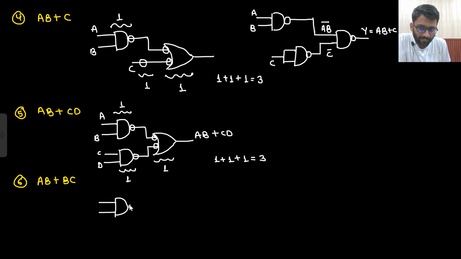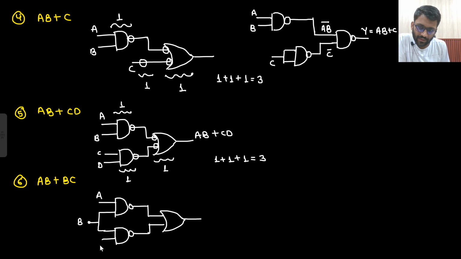Ditto similar. AB, BC. A, B, and both will be same here.